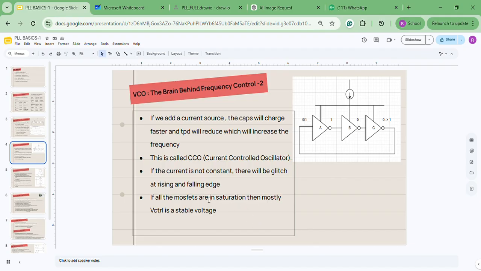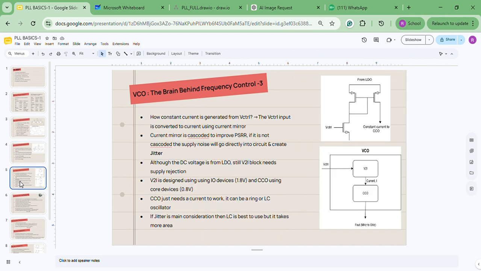Another thing is, we should always ensure that the MOSFETs inside these inverters are in saturation, so that these currents are constant and in return the voltage is constant at each node. Next, how do we achieve a current control source?